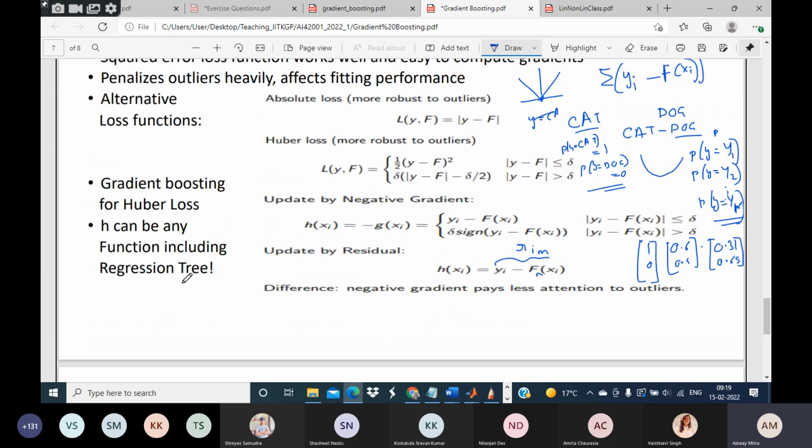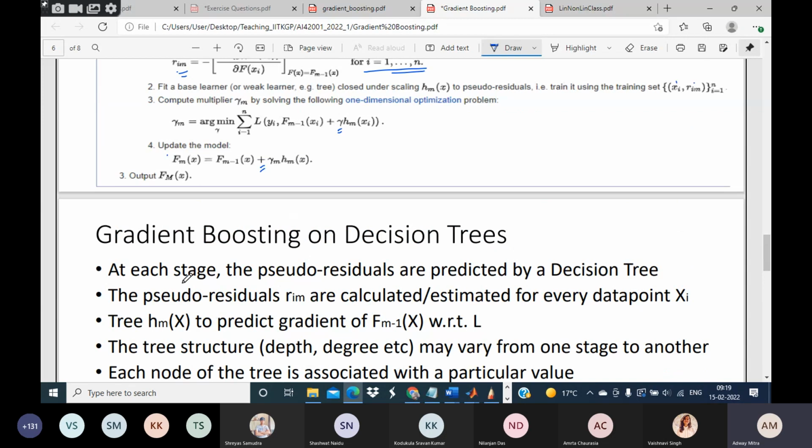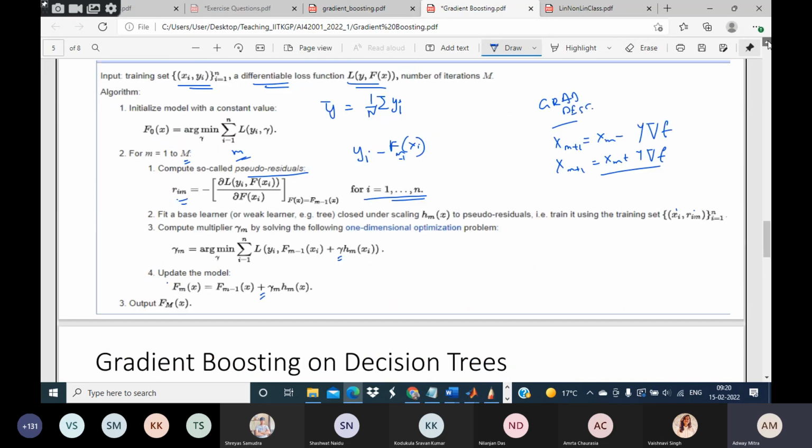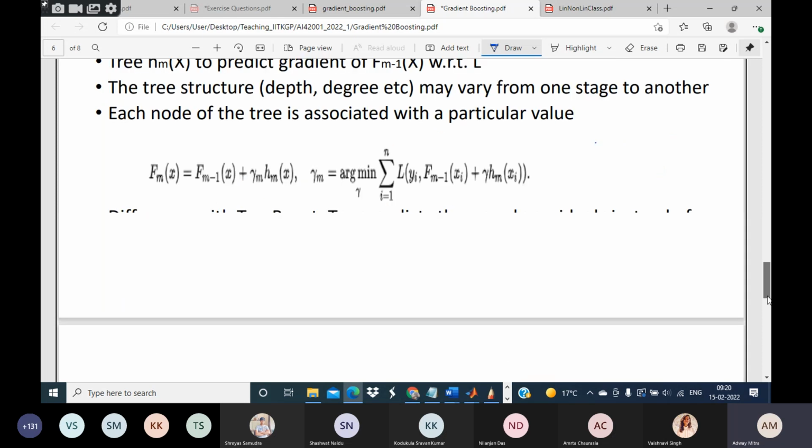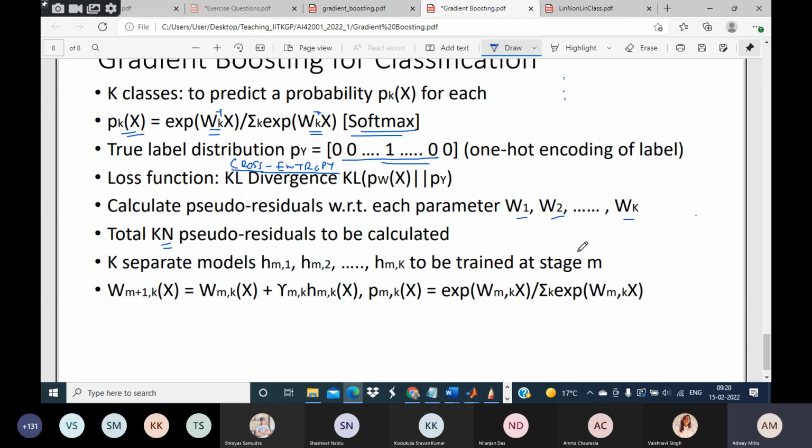Earlier, in the regression case, at each stage you were calculating the pseudo likelihood for each of the data points. That is, n data points are there, so you calculated n pseudo likelihoods. In this case, for every data point and for every class label, you will have to calculate the pseudo likelihood.